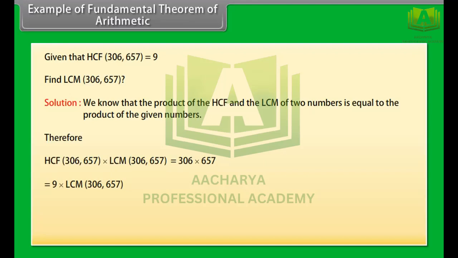So 9 × LCM(306, 657) equals 306 × 657, which gives LCM(306, 657) equals 306 × 657 upon 9.